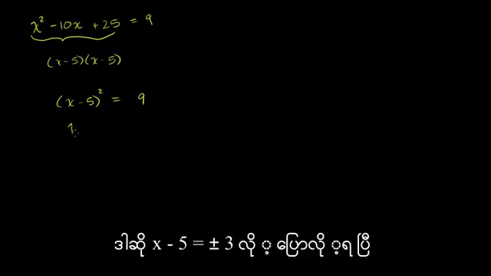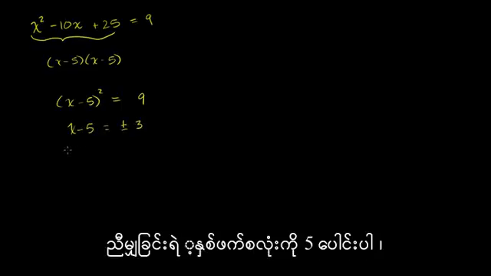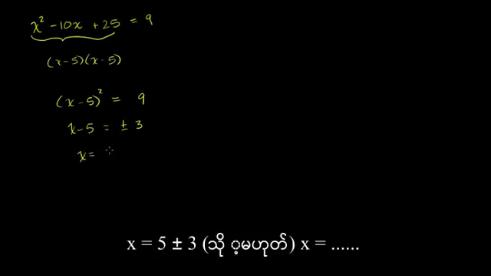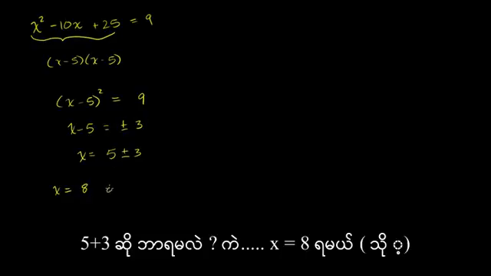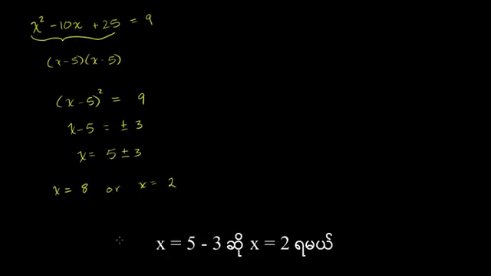So we could say that x minus 5 is equal to plus or minus 3. Add 5 to both sides of this equation. You get x is equal to 5 plus or minus 3. Or x is equal to, what's 5 plus 3? Well, x could be 8, or x could be equal to 5 minus 3, or x is equal to 2.